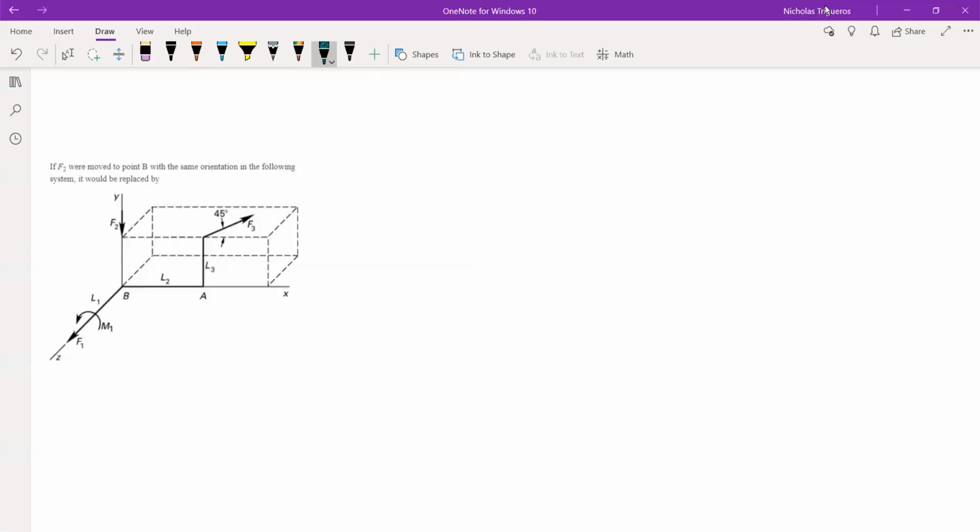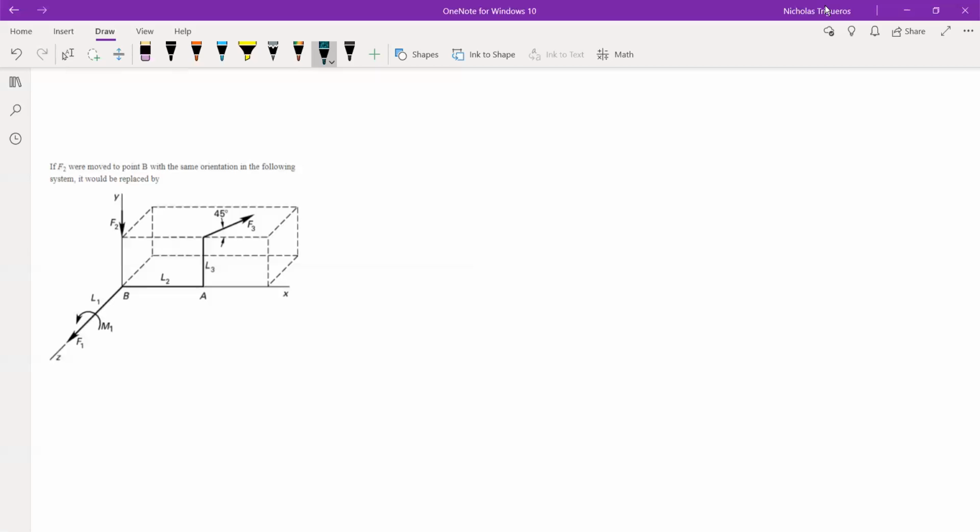This one, I don't know if you can still see what's there, if it's just paused, but yeah, I can. Yeah, you can still see it. Okay, so it's asking if F2 were moved to point B. So you're moving F2, which is negative Y direction, over to point B. Oh, well, I can't really show the answer for this one.